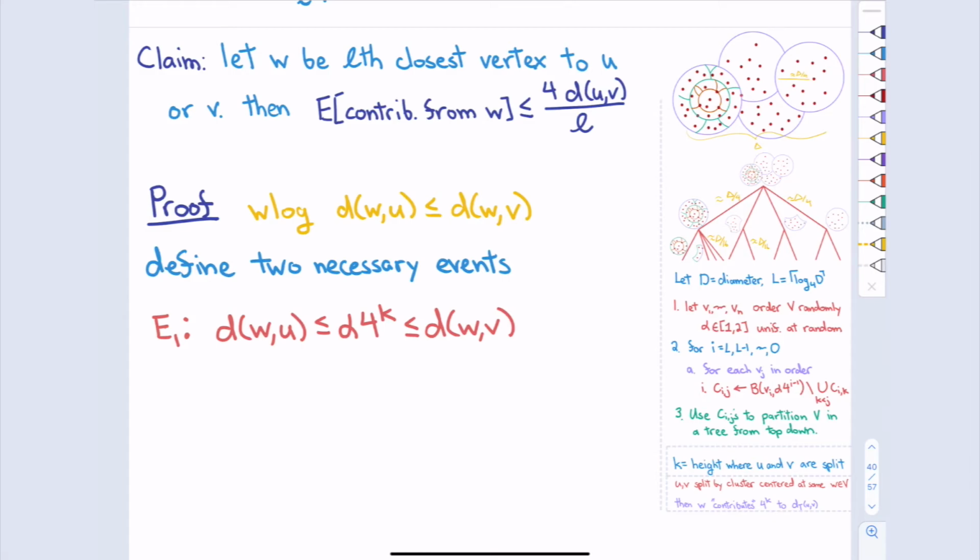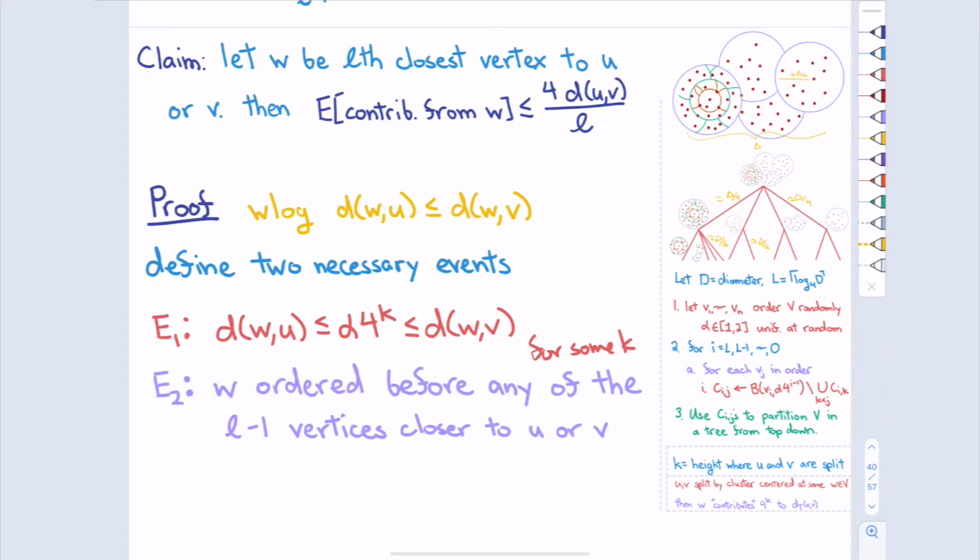So the radius is alpha 4 to the k, for some k, for any k. Okay, but it's saying that the radius at some level has to fall in this interval for W to possibly split them up. So that's one necessary condition.